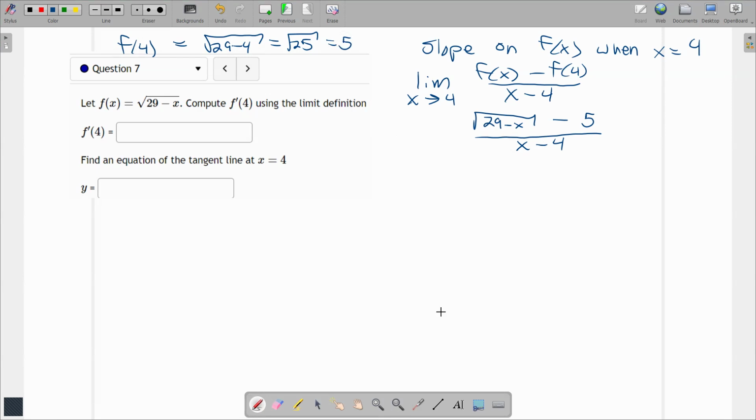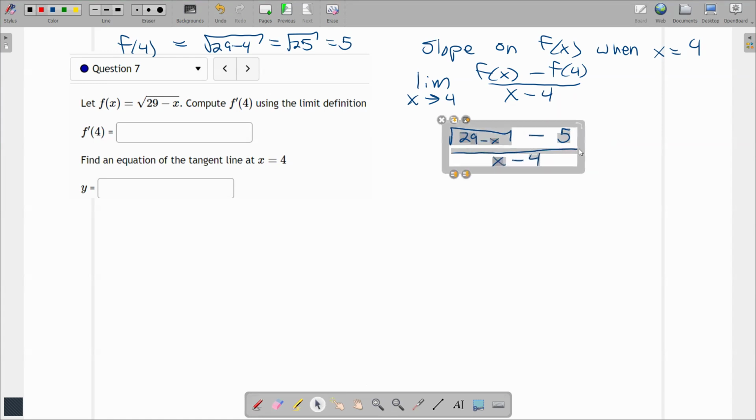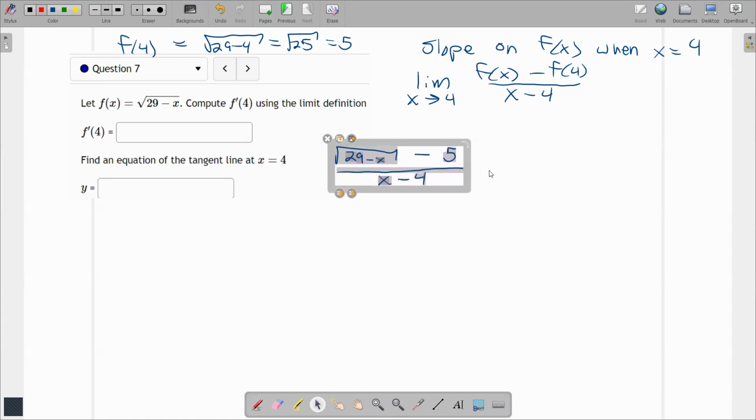Well, the only thing I can do here is multiply by the conjugate in the numerator. So at this point, I'm going to have to multiply the top. Minus 5. That's 5. You plugged in 4 into the original equation.